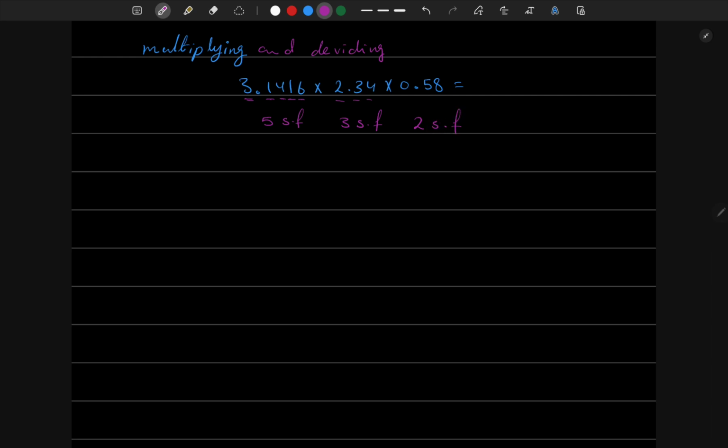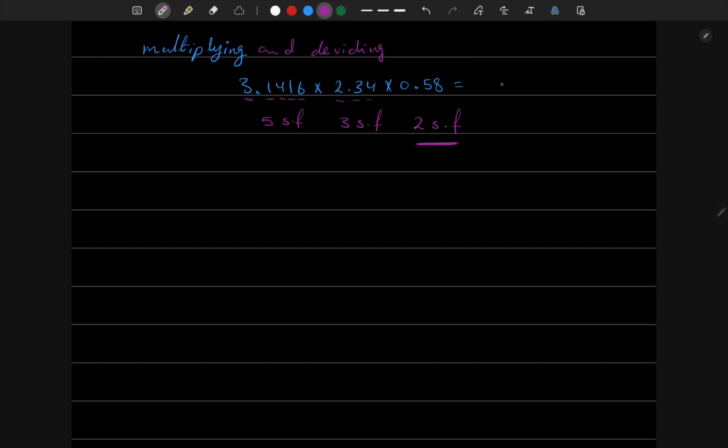So when I give my answer, of course, when I put this in the calculator, I'm going to have a large number after the decimal point, but I have to round it to a number that has only 2 significant figures, which is the least in the given problem.